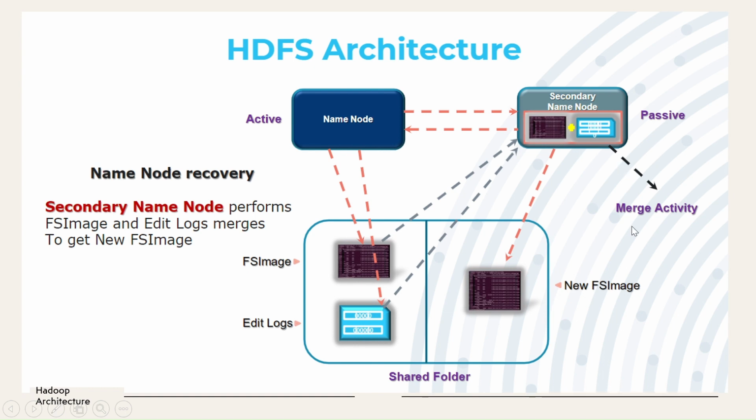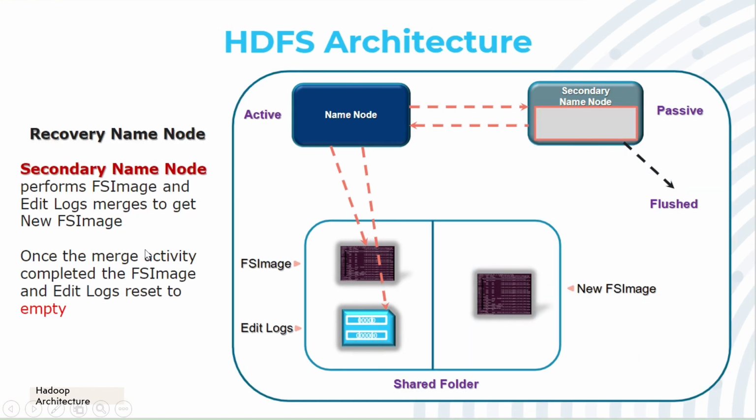So the secondary name node performs the FS image and edit logs merge to get a new FS image. Once the merge activity is completed, the FS image and edit logs are reset to empty.